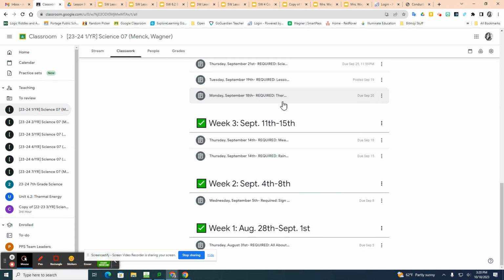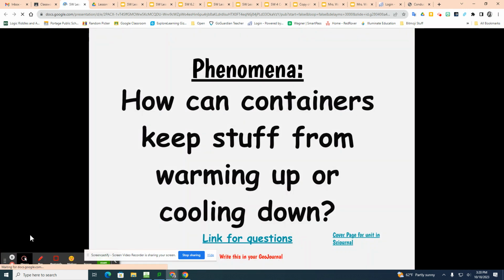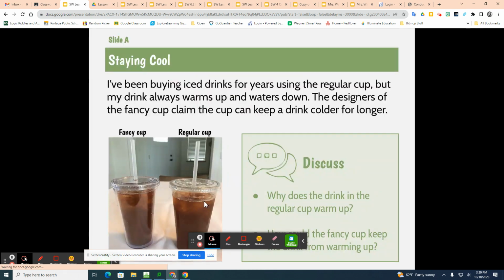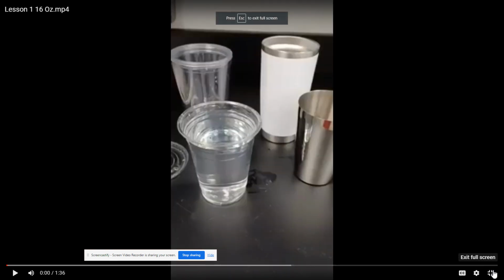Okay? All right, now, other places we can find information to help us with these progress trackers are the lessons. So all of the lessons are in Google Classroom starting with Monday, September 18th. So if you don't have your notebook, you don't have your journal, I have taken pictures of all of the journal pages that we have done. And if we keep clicking, we can see pictures.